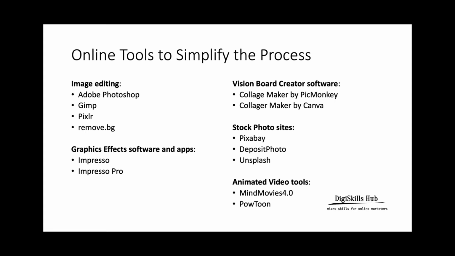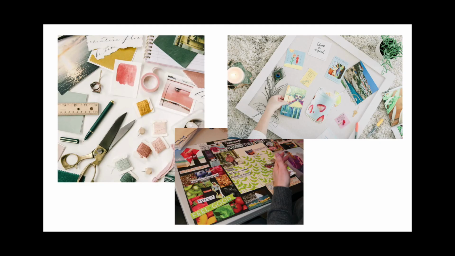So sites such as Pixabay and Pexels, Unsplash are all sites where you can download free high quality photos. Or you can go to other sites like Deposit Photo, iStock, which are paid sites if you want something a little bit more unusual. Or you can go old school and use scissors and glue. And lots of people enjoy the process of creating their board in this way, as they find it very motivational.